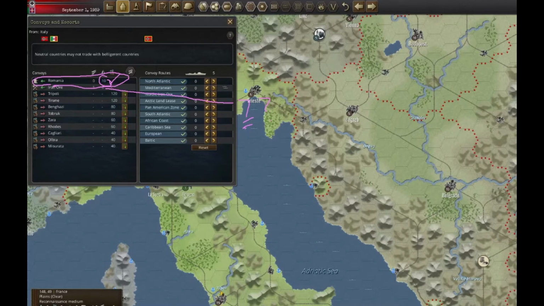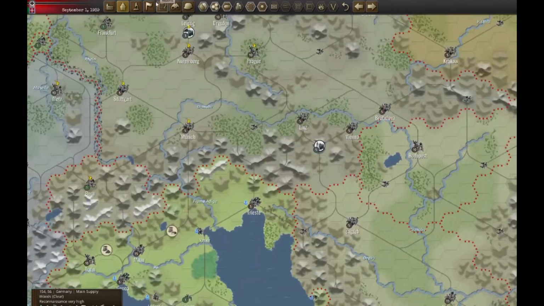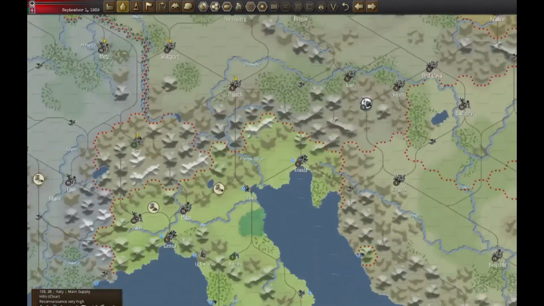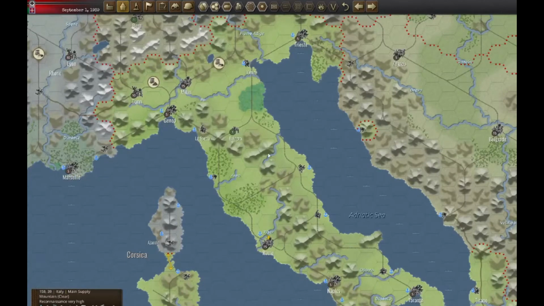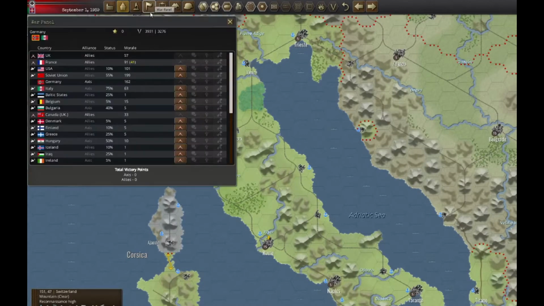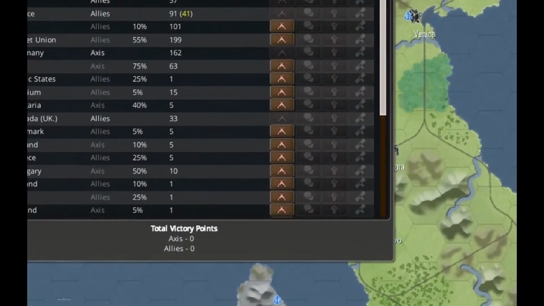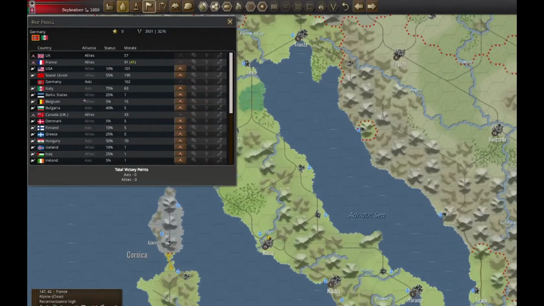Well, it turns out that Italy, at this point in time, is neutral. Germany's at war, Italy is neutral. When a country is neutral, the amount of oil that they're getting per turn is multiplied by the status of that country.